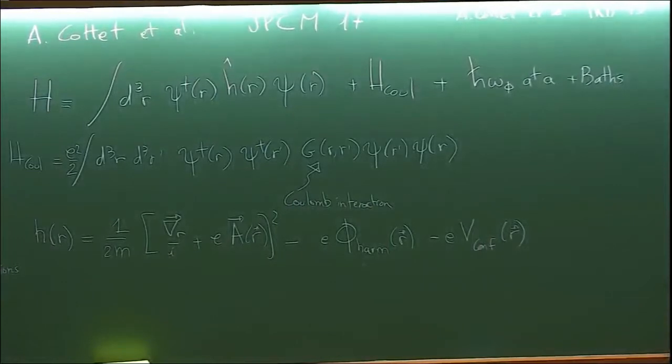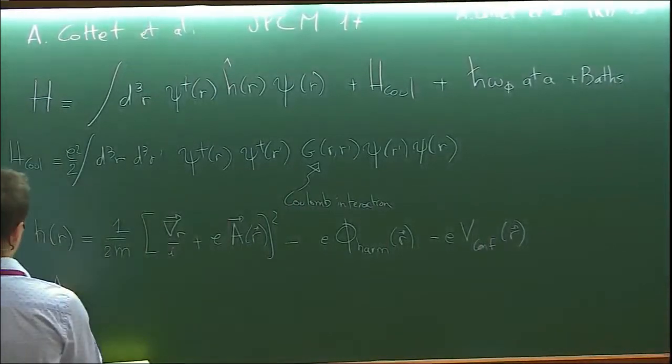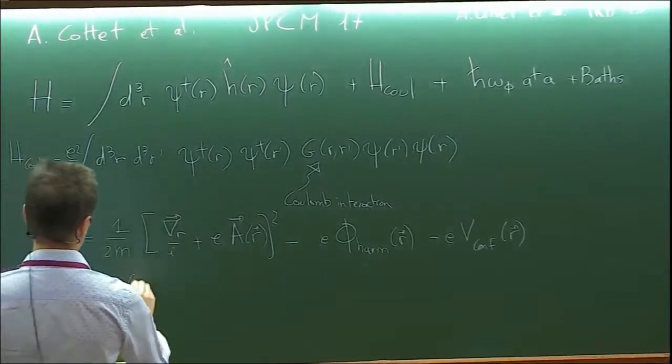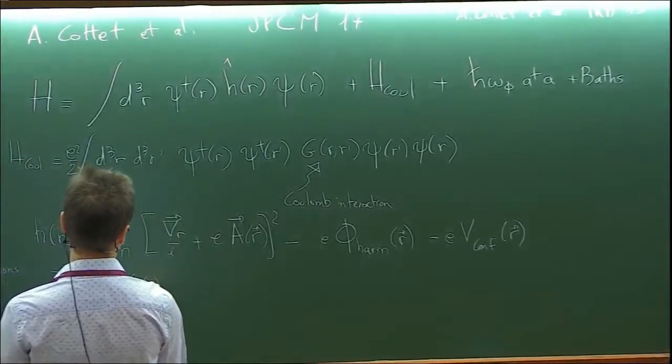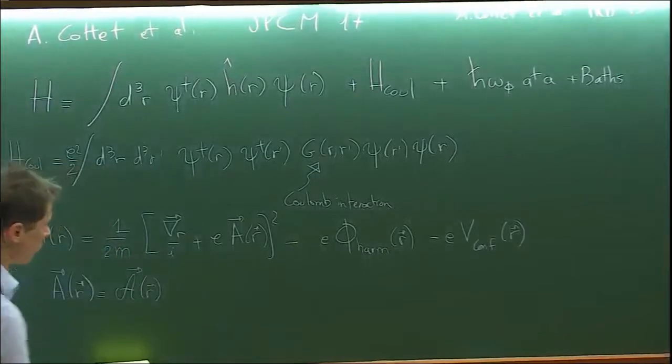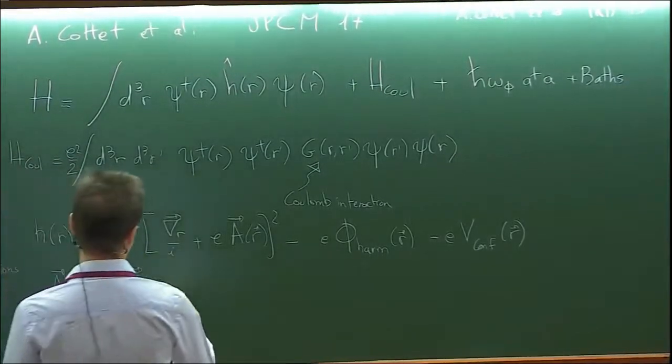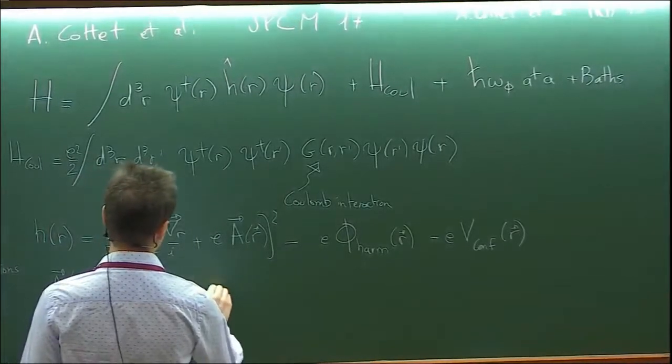And so I specify now the form of the vector potential, which is some function A of R times the usual quantized form of this quadrature of the electromagnetic field, which is like that.